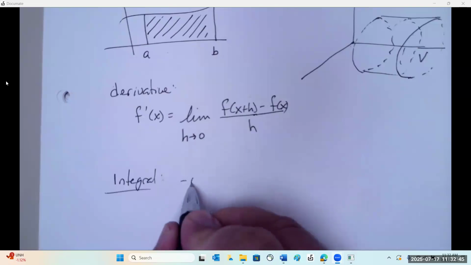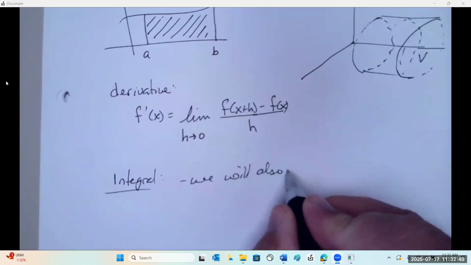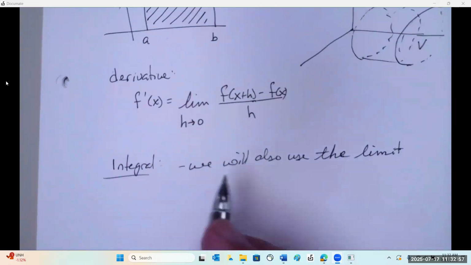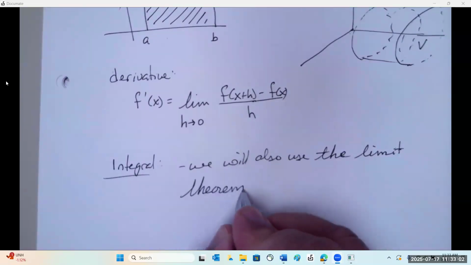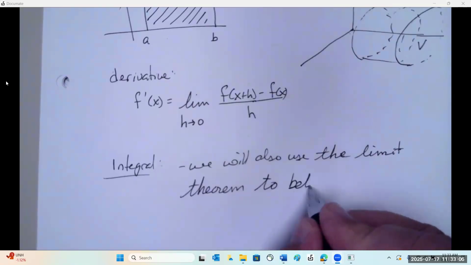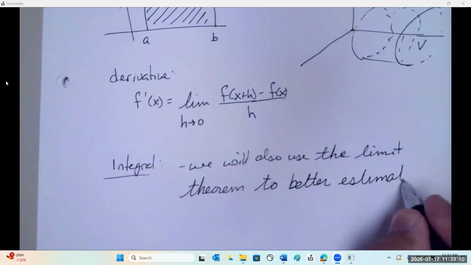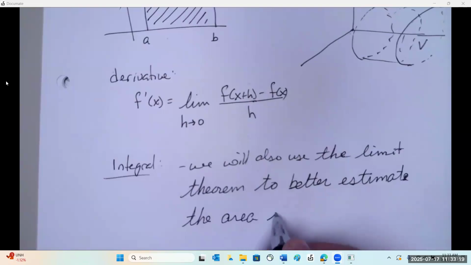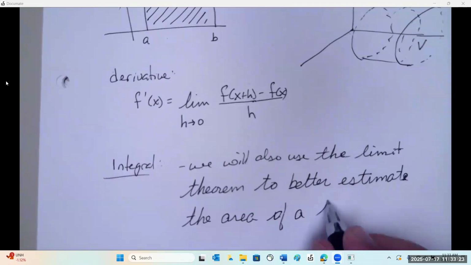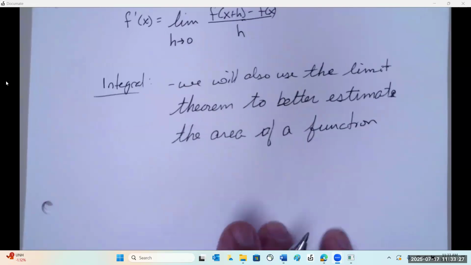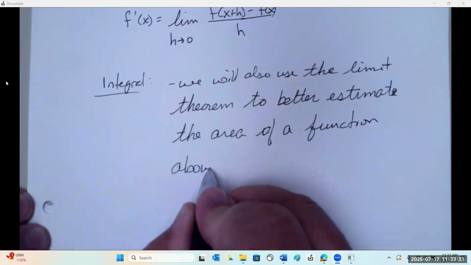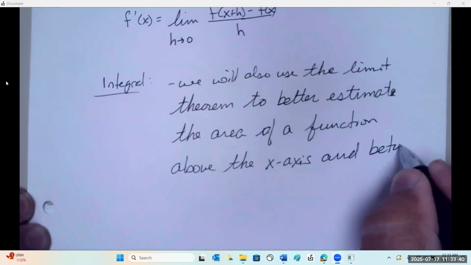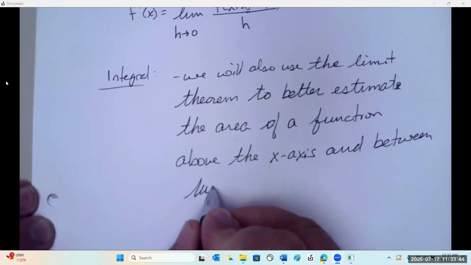When we deal with integrals, we will also use the limit to better estimate the area of a function above the x-axis and between two bounds.